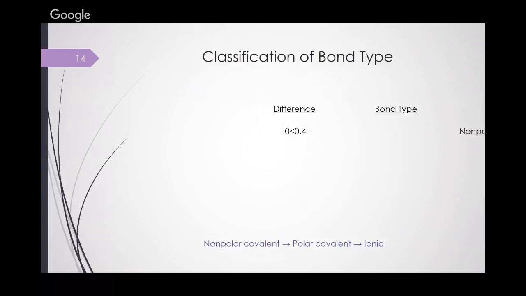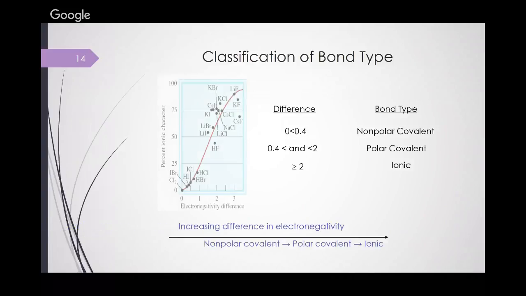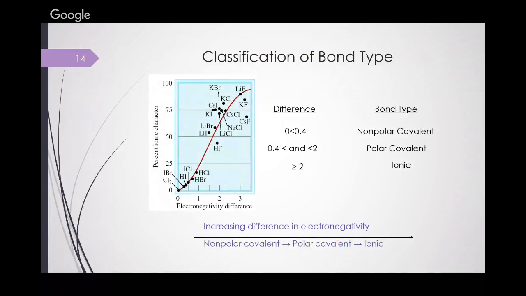So that's how we see on our table here where lithium fluoride is. Up here at the top, we see that the electronegativity difference is 3. So compounds that are up here, large electronegativity difference, are going to be mostly ionic. Elements down here that are very similar to each other with their polarities are going to be polar or nonpolar.